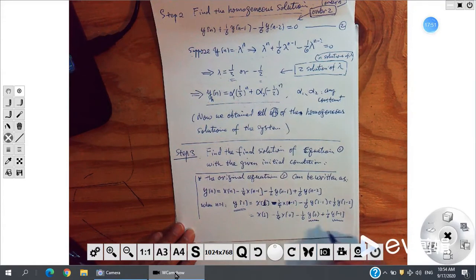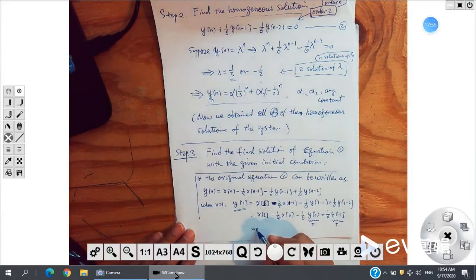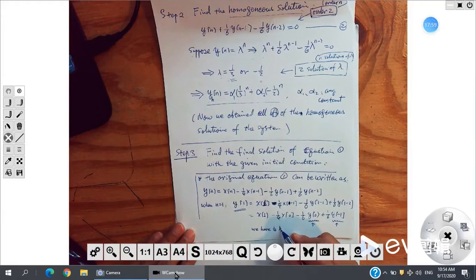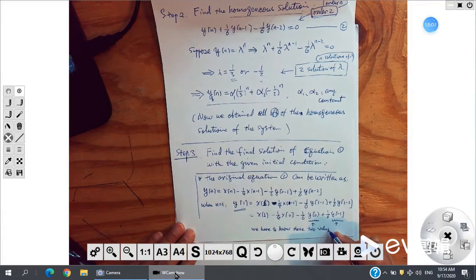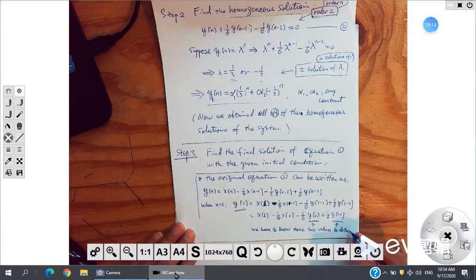So okay, we have to know these two values to determine y of 1.